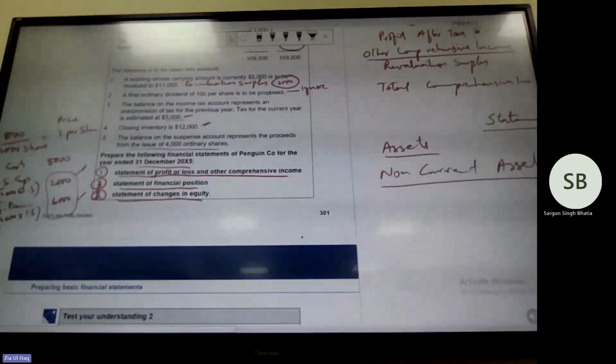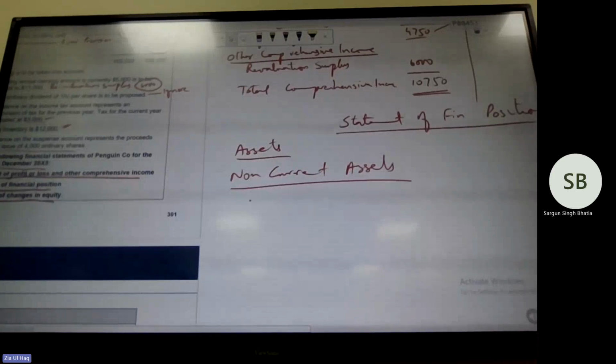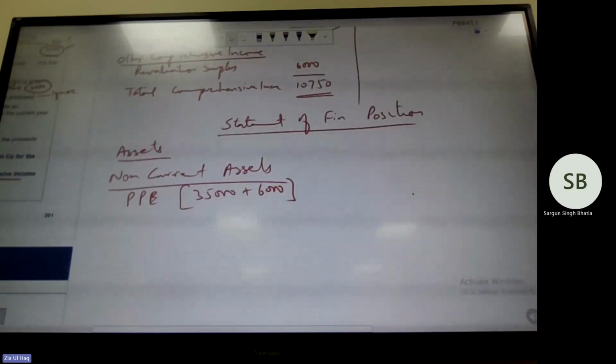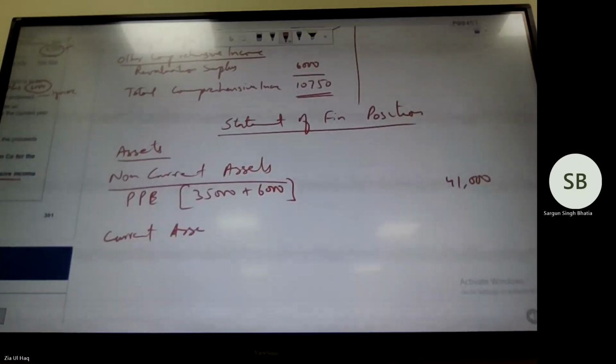So for non-current assets, we can say property, plant and equipment is 35,000, but we need to adjust revaluation surplus of 6,000. So they will become 41,000. And there are no other non-current assets, so we will move towards current assets.